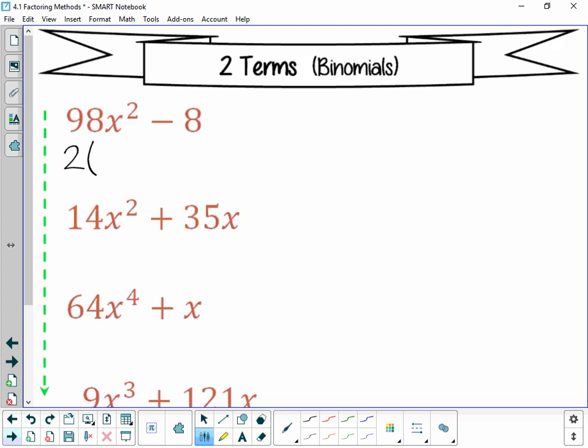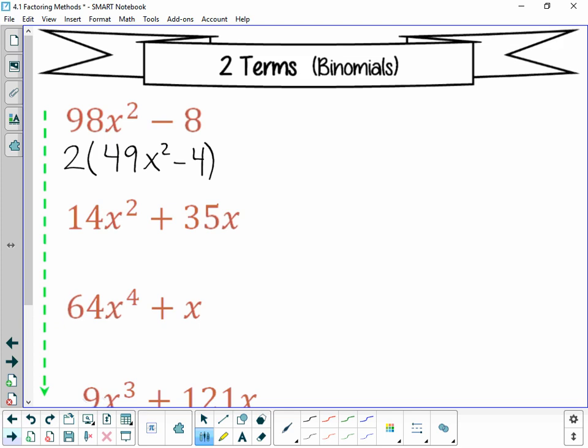If 8's not a factor, which it's not, test 4 and see if 4 goes into 98, which it doesn't. So if 4 didn't go in and 8 didn't go in, maybe 2 does. 2 is a factor of 98. If we factor a 2 out, what we have is 49x squared minus, and in the second term, if we factor out a 2, we would have a 4.